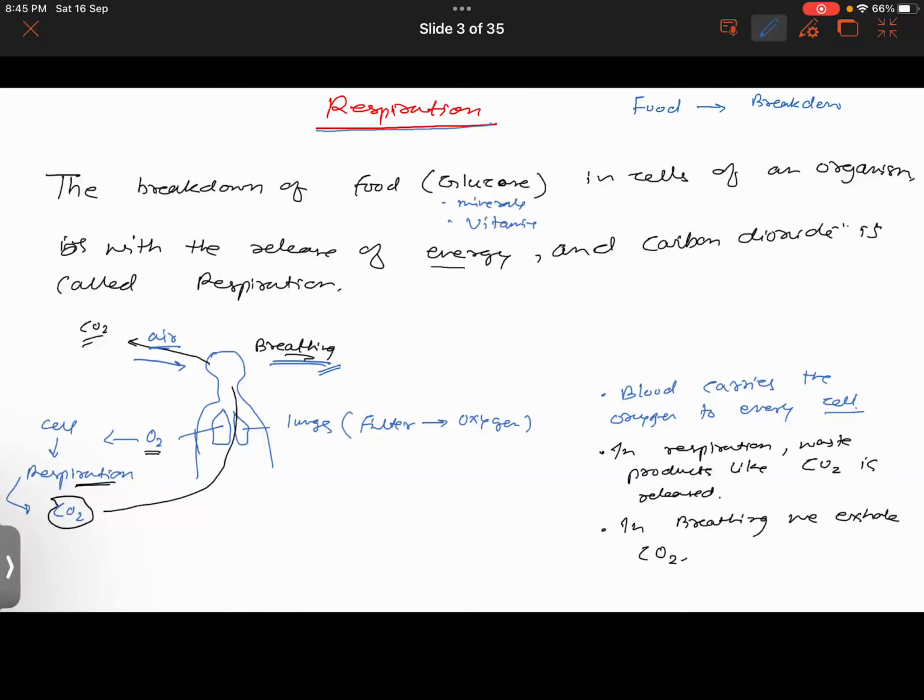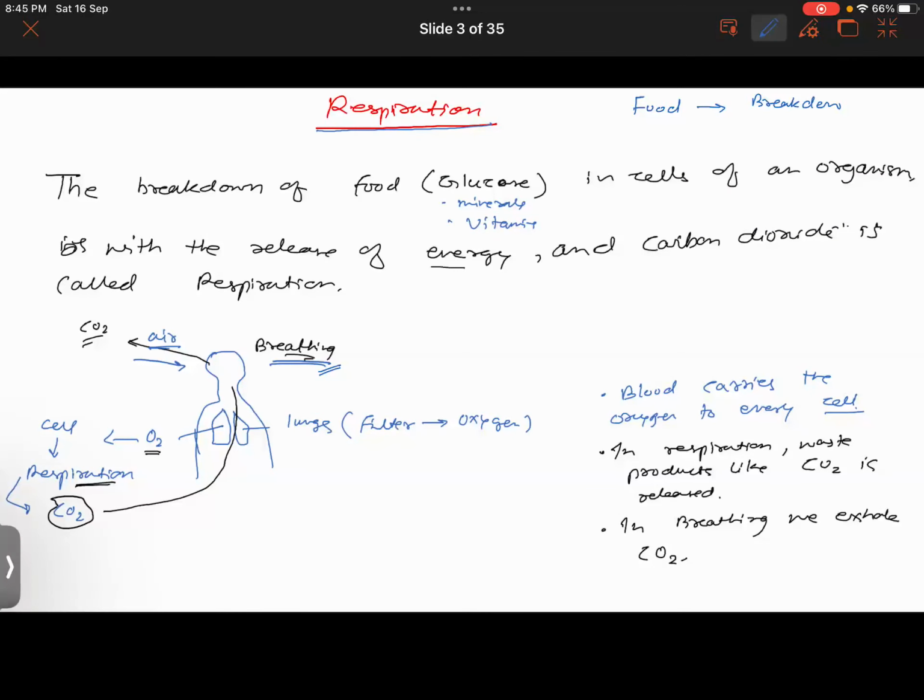But the major component in our food is carbohydrates, and carbohydrate is of different types. It could be glucose, fructose, or saccharose. That's why we say breakdown of food or breakdown of glucose. It's not that only glucose breaks down; minerals and vitamins also break down in our cells.